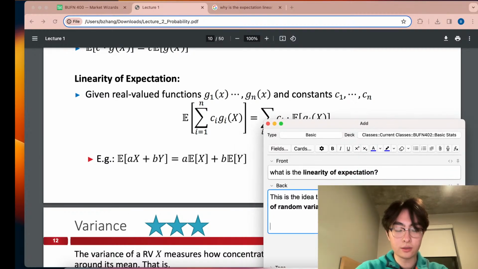Okay, so this results in the following mathematical properties.